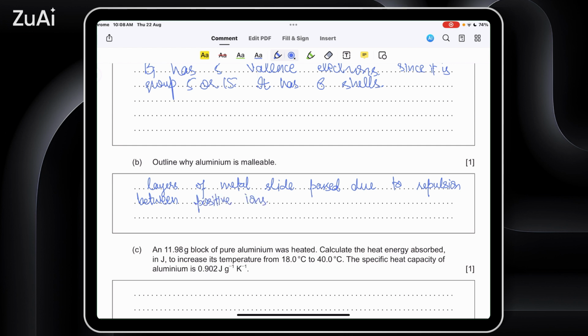When we exert force, the positive ions repel each other and they show malleability.